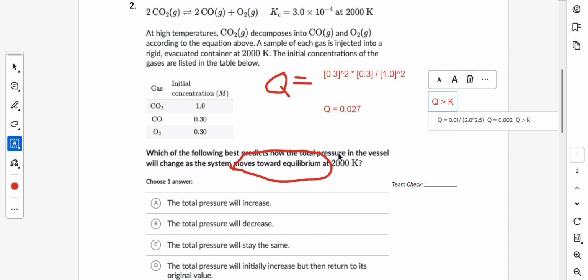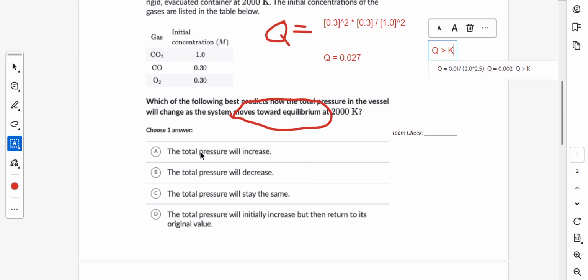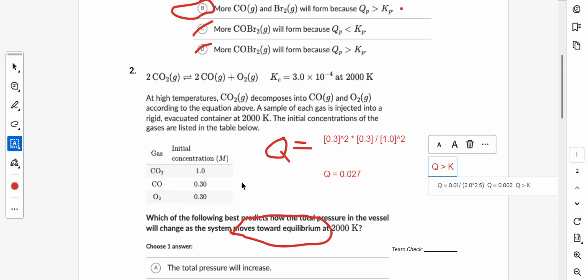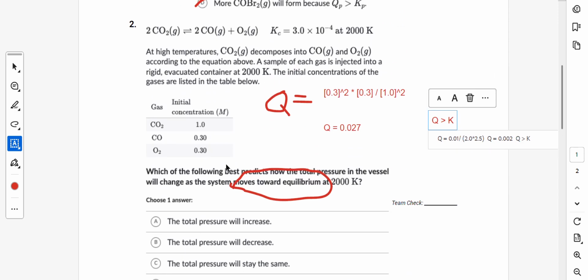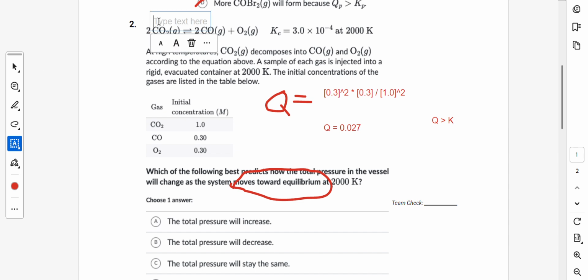Which of the following best predicts how the total pressure in the vessel will change as the system moves towards equilibrium? The total pressure will increase, decrease, or stay the same. Let me scroll up here and show you guys something. On the reactant side, how many moles of stuff do we have? We have a total of 2 moles, and you can see that because of these coefficients.